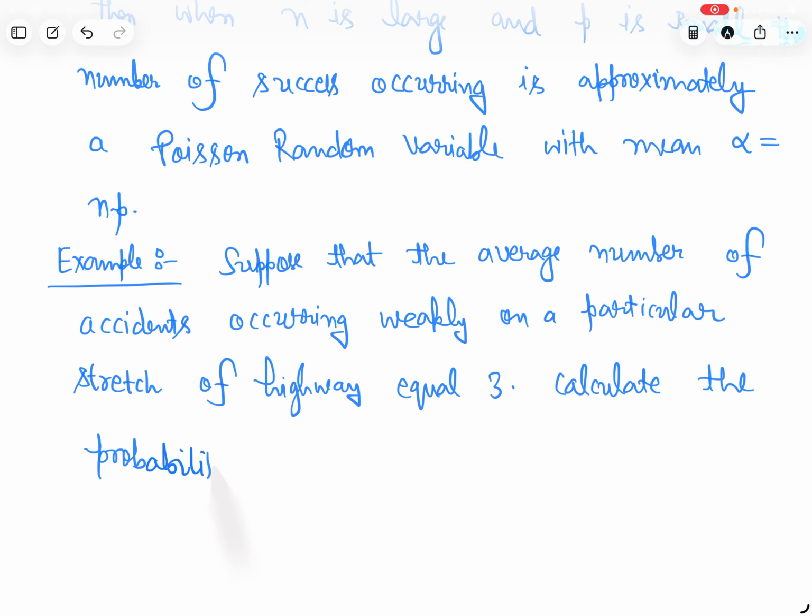Calculate the probability that there is at least one accident this week.